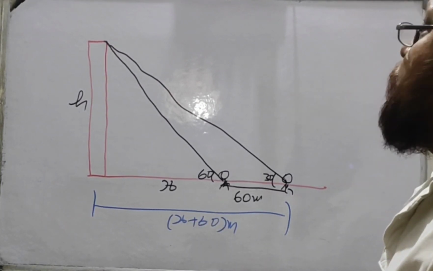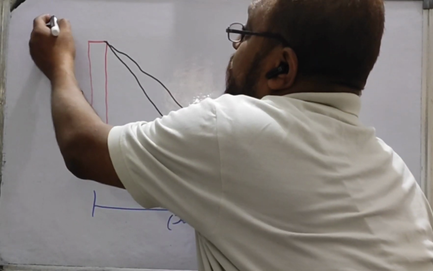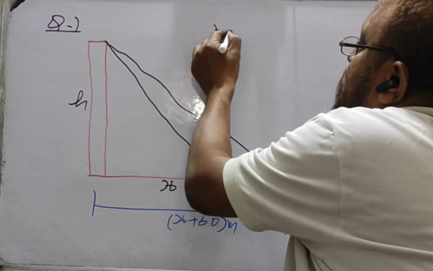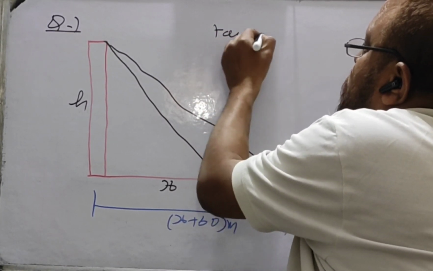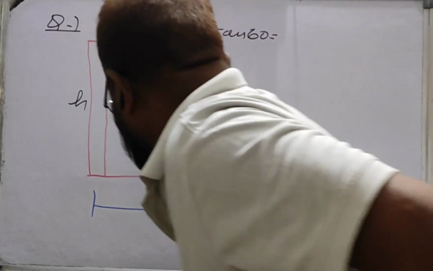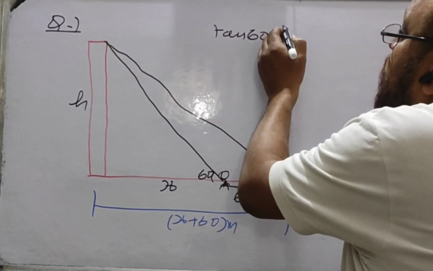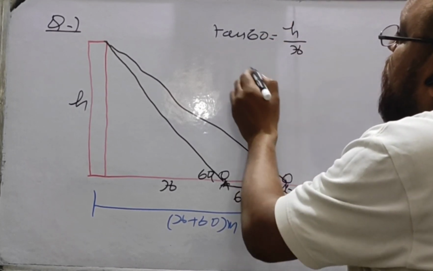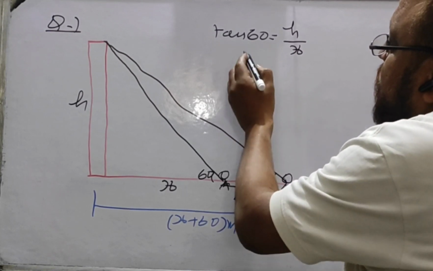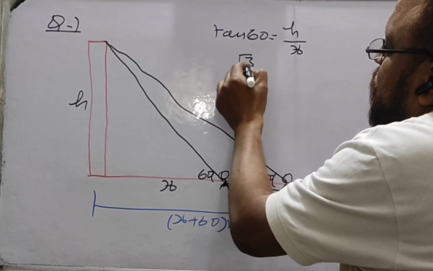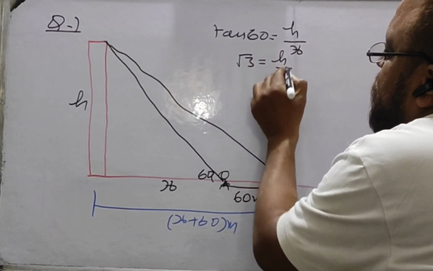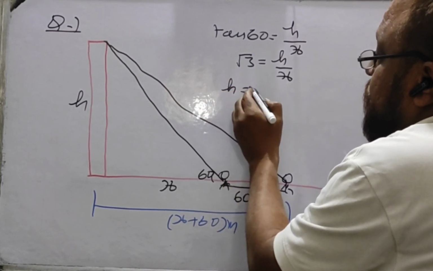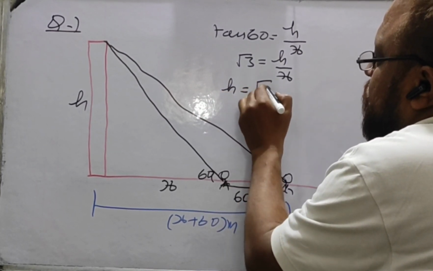If we solve this question, say question number 1, then tan 60 is equal to height upon base, perpendicular upon base. Tan 60 is root 3. Root 3 is equal to h upon x. So we can write h is equal to root 3x.